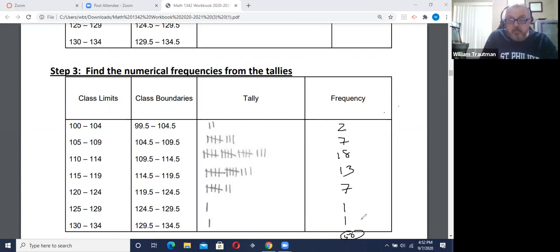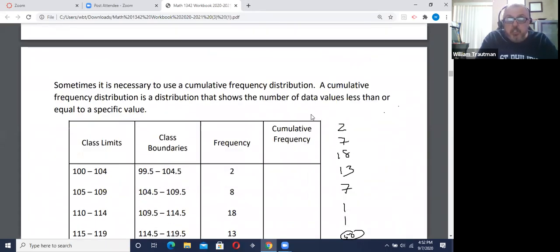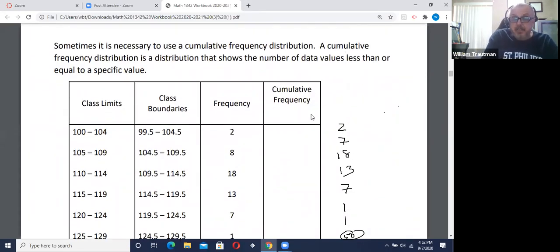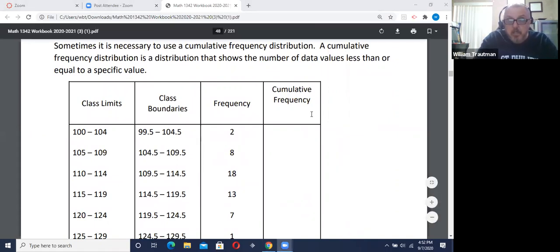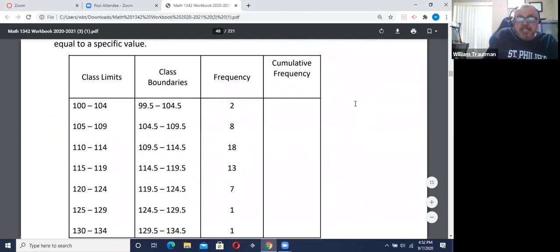So that's frequency. However, some tables not only ask you for frequency, they ask you for cumulative frequency. Cumulative frequency is a running total.